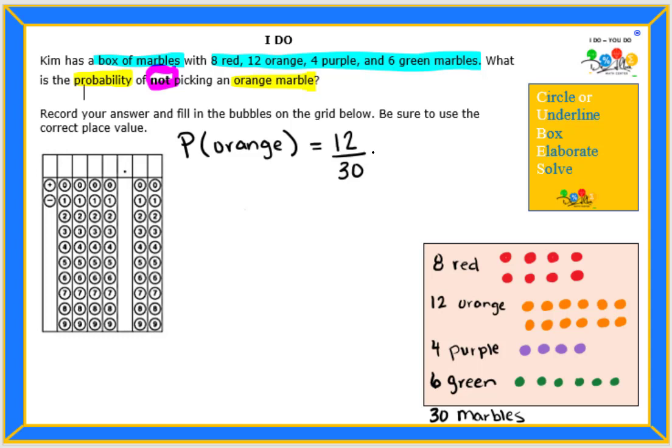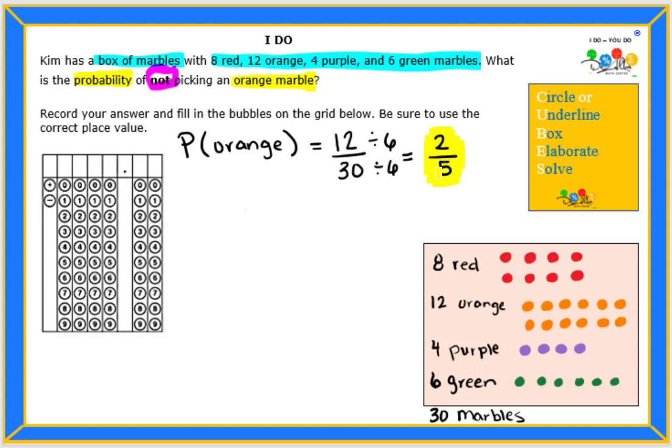And we're looking for the greatest common factor. So let's use 6. So 12 divided by 6 is 2, and 30 divided by 6 is 5. So the probability of selecting an orange marble is 2/5.